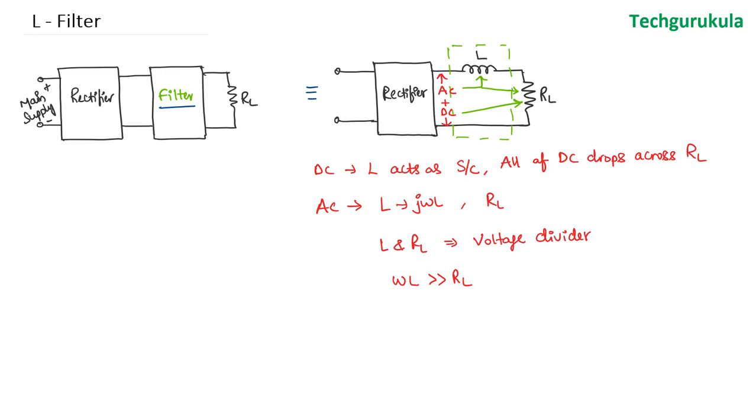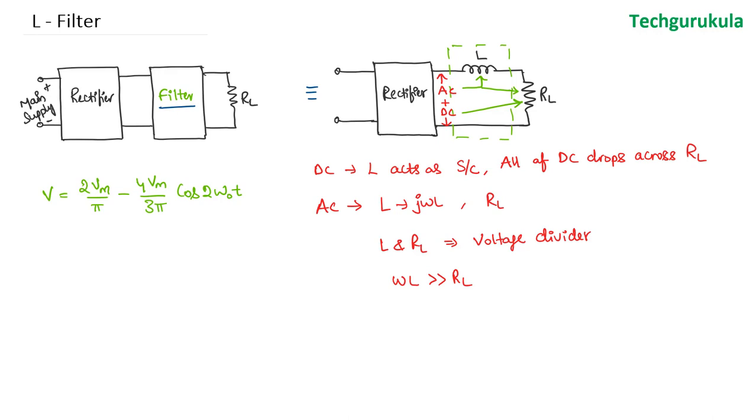Now to understand this in more detail, let me model the rectifier output voltage using the Fourier series expansion we have seen in the previous video, where the output of a full wave rectifier, let's say, is 2 Vm by pi minus 4 Vm by 3 pi cos 2 omega naught t. Let's neglect the 4 omega naught term and so on, because the magnitude reduces very fast. So let's concentrate only on the 2 omega naught term as the AC component.